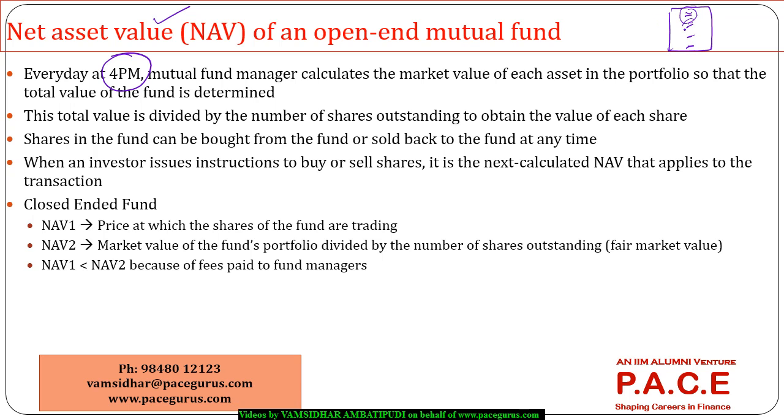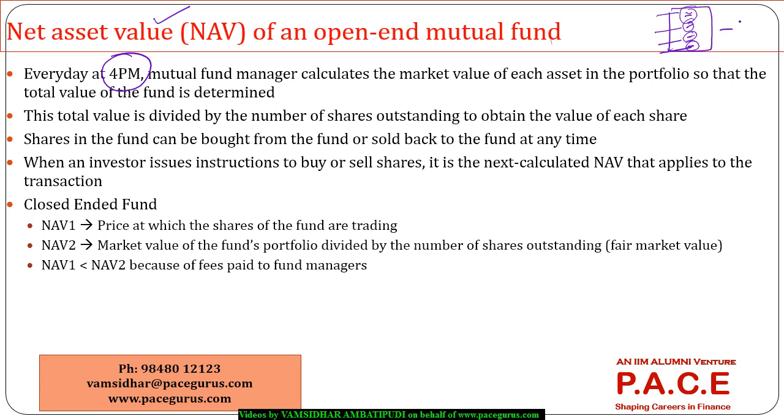He looks at the market value of each of the assets at 4 p.m., multiplies it by the number of units invested in each asset, and computes the total value of the fund.